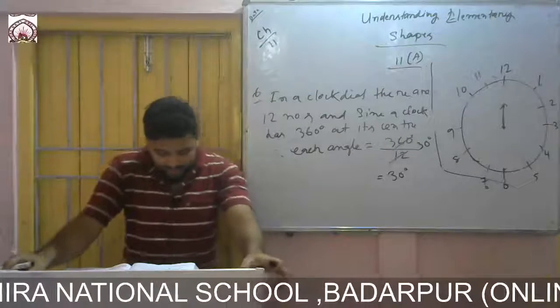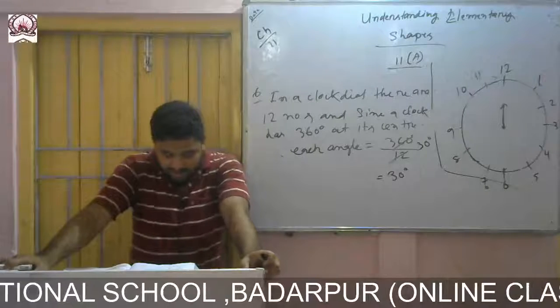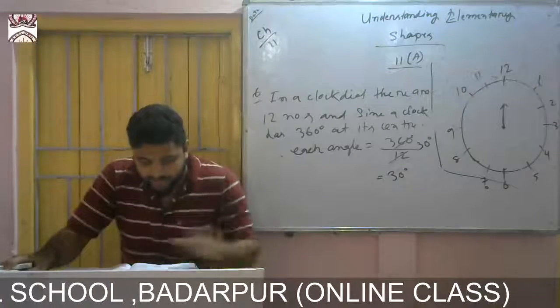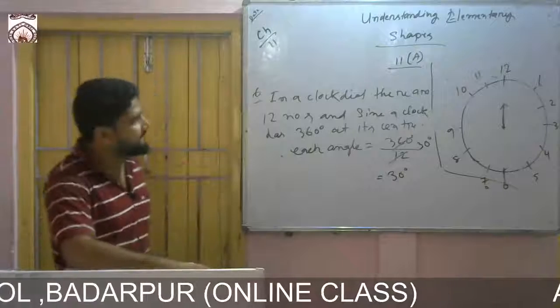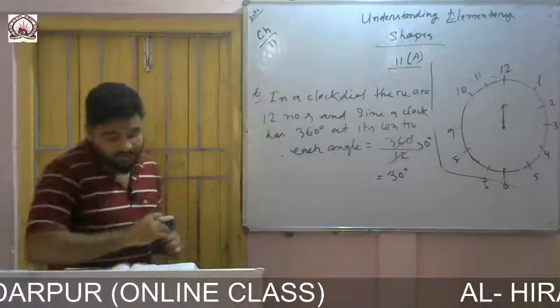So whenever it moves from 12 to 6, how many degrees has it turned through? Now come to question A.